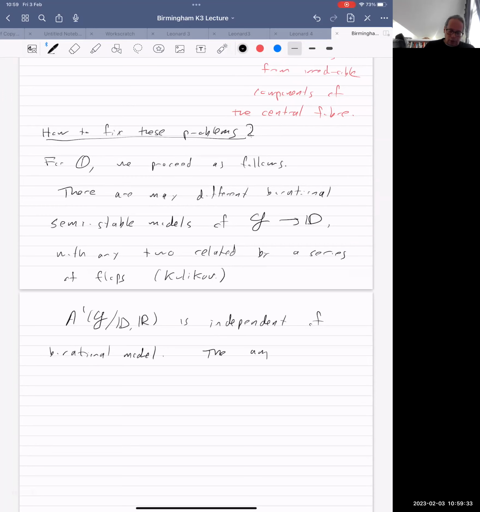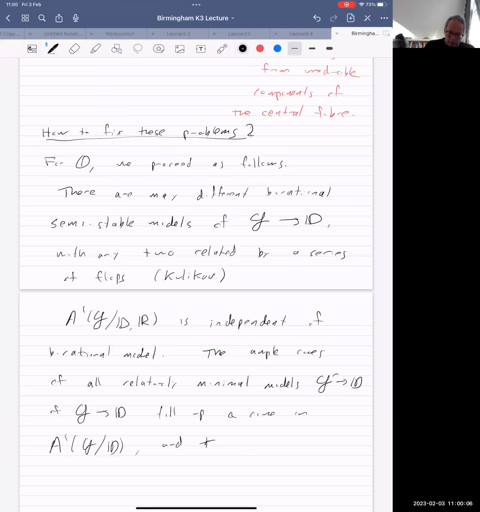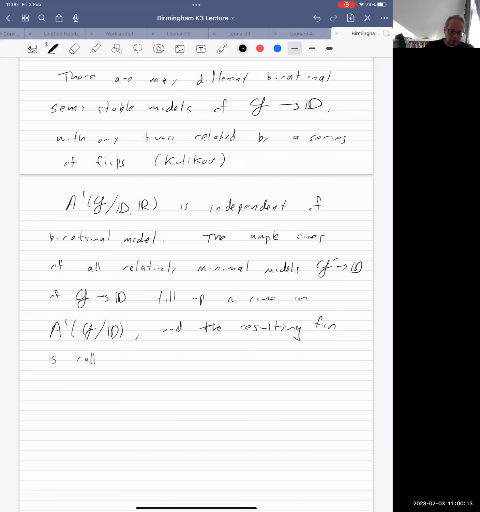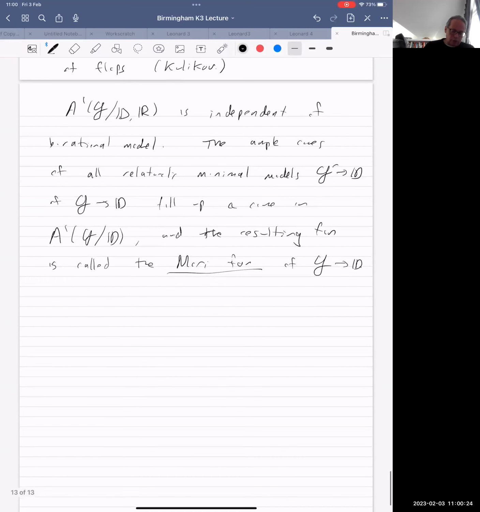So the ample cones of all relatively minimal models Y prime to D, Y to D, fill up the cone in A1 of Y over D, and the resulting fan we call the Mori fan of Y to D.